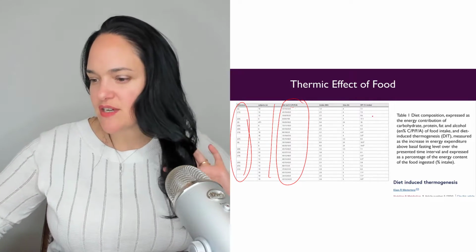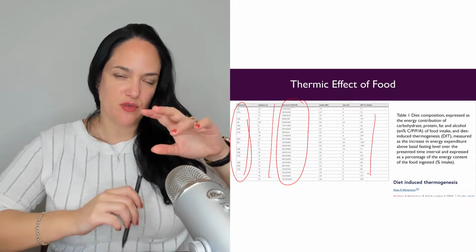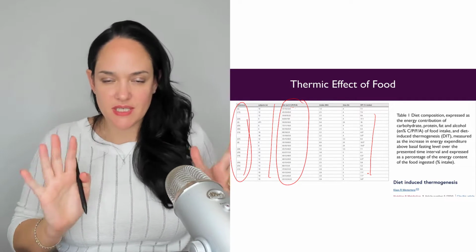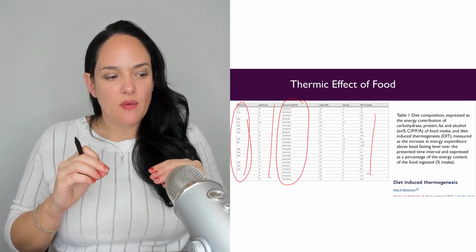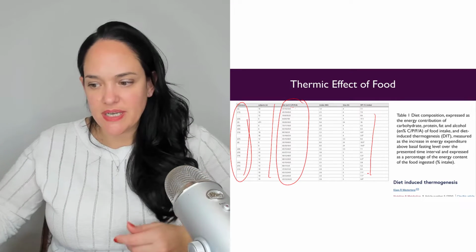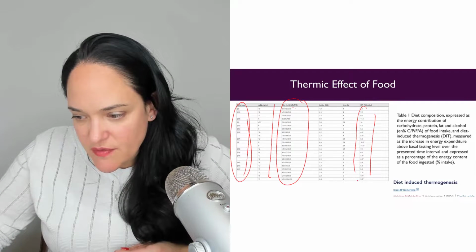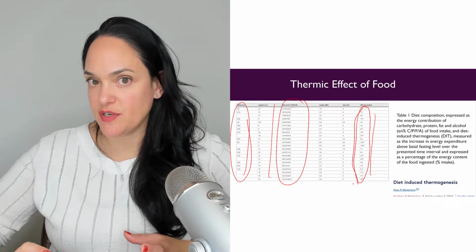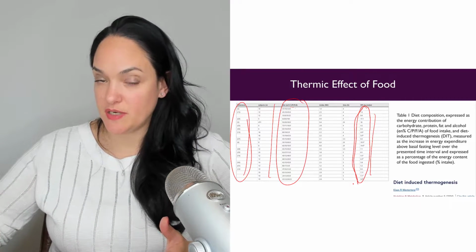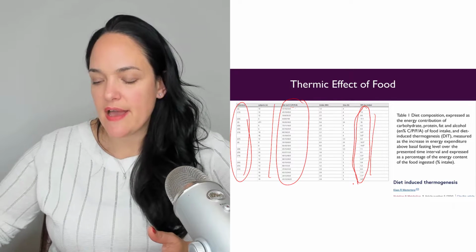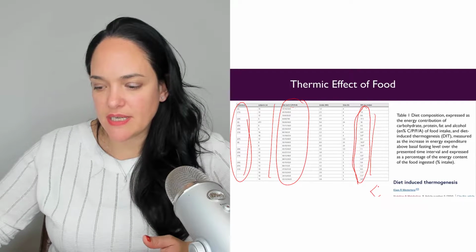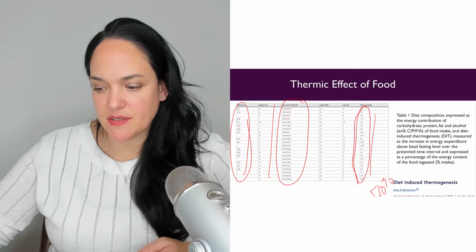They noticed differences in the thermic effect of food, in diet-induced thermogenesis, same thing. What I really want to draw your attention to is that there is lots of variation in how much different diets promote different energy expenditure. But in general, it's less than 10%.